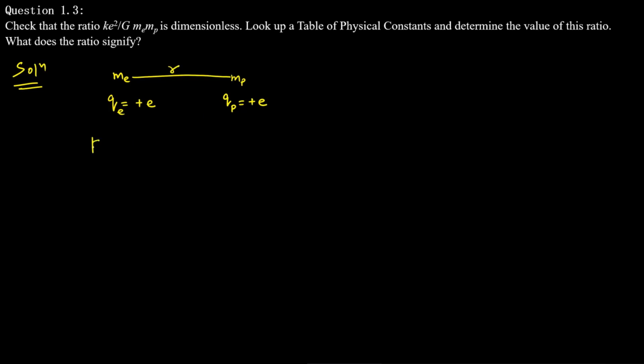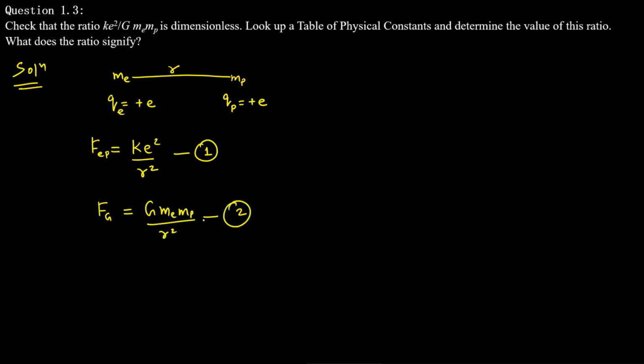The first force will be the electrostatic force, which is K e square upon R square. This is between electron and proton, which is a force of attraction. The second force will be because of gravitational attraction, so that is G, mass of electron into mass of proton upon R square.